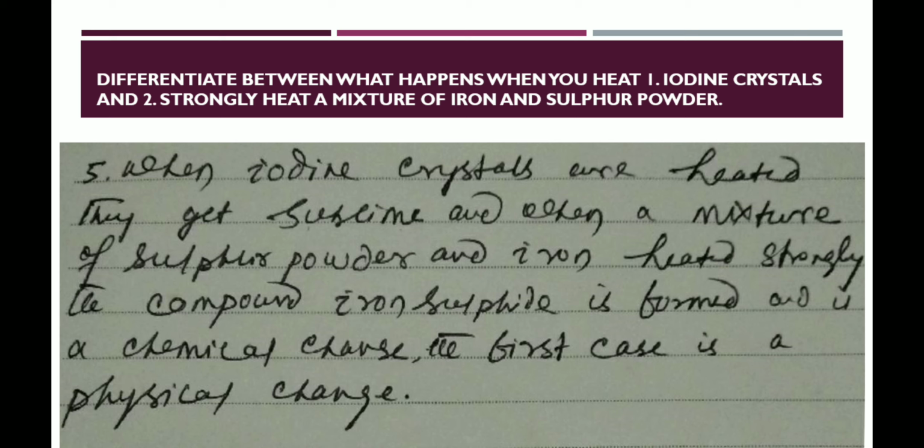When iodine crystals are heated, they sublime, and when a mixture of sulfur powder and iron is heated strongly, the compound iron sulfide is formed, and it is a chemical change. And the first case, that is the heating of the iodine crystals, is a physical change.